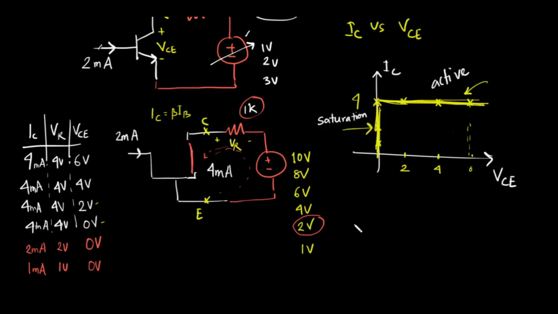So we already know that in the active region, for an ideal BJT, the BJT works like a current source, and in the saturation region the BJT works like a short circuit, right? So what is the IV characteristics of a current source?